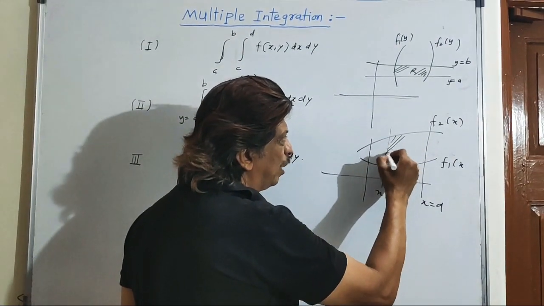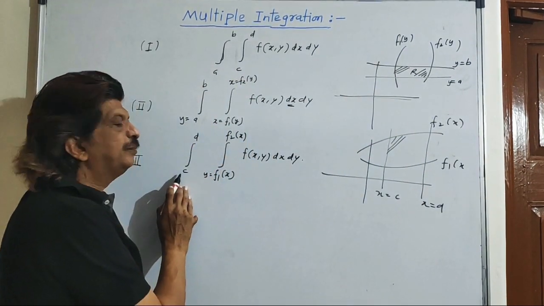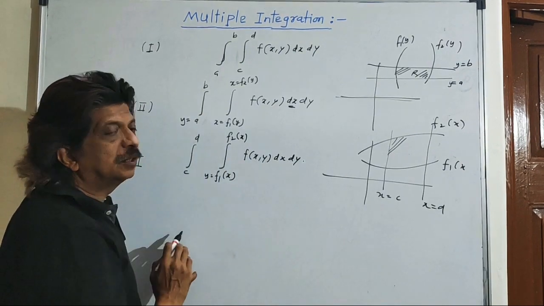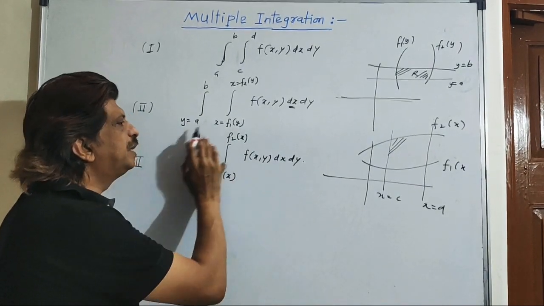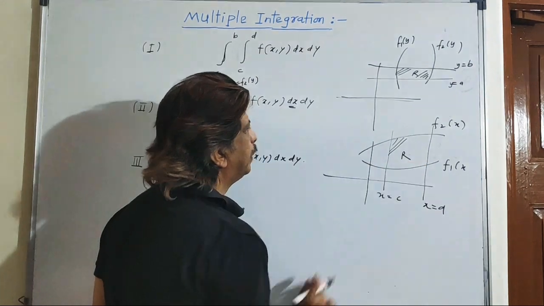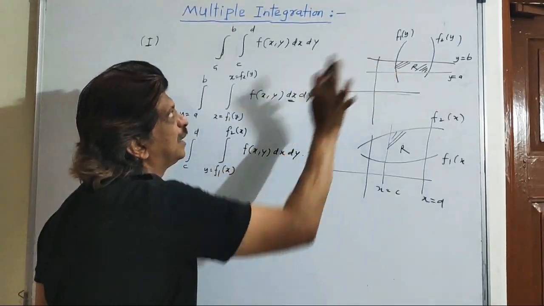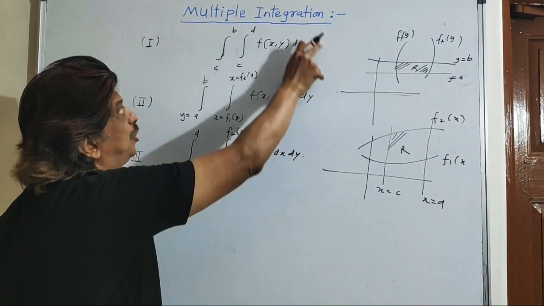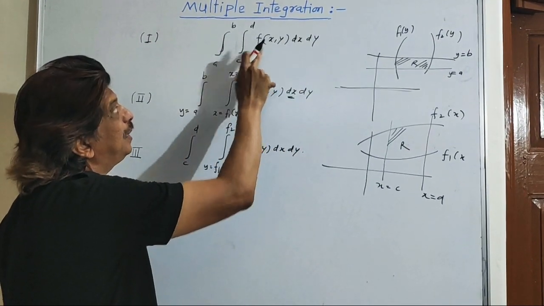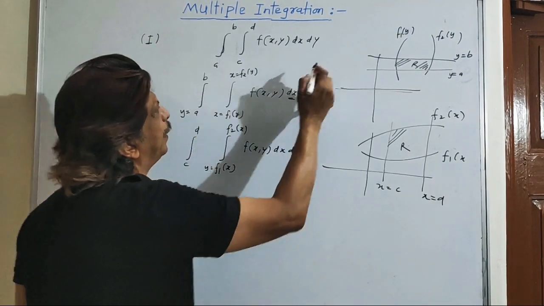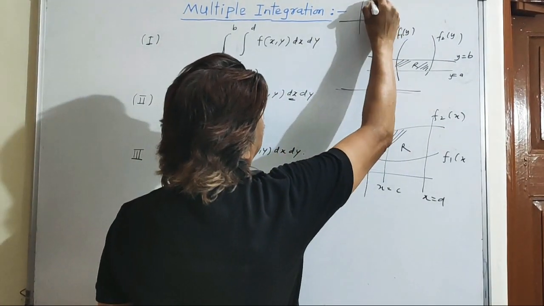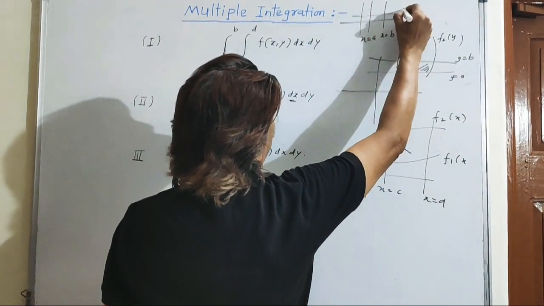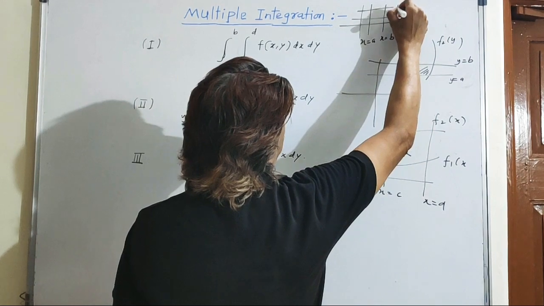So the region of this integration is the region bounded by x equal to c to x equal to d, and y equal to f1 of x to f2 of x. Here the region of this integral is a rectangle bounded by x equal to a to x equal to b, and y equal to c to y equal to d.